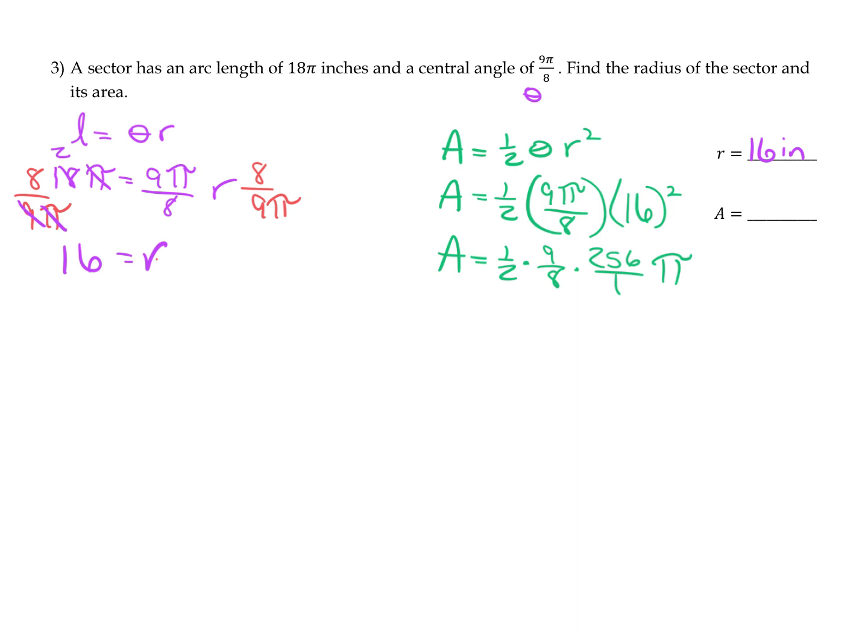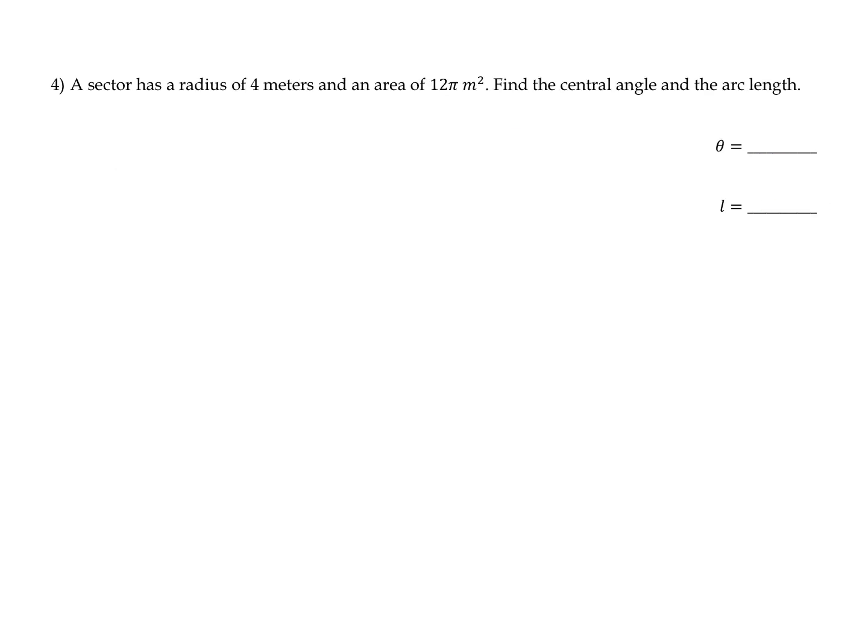Don't forget the pi. Now 2 goes into 256 128 times. 8 goes into 128 16 times. So 16 times 9 is 144 pi, so it's 144 pi inches squared.